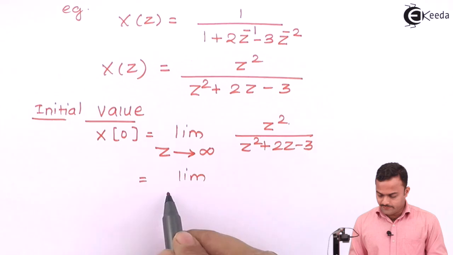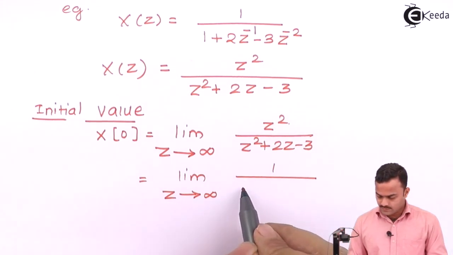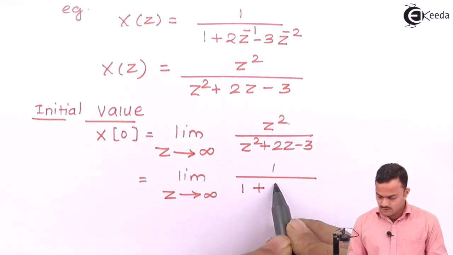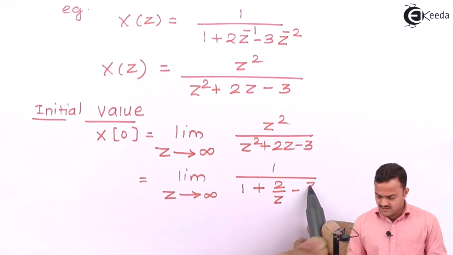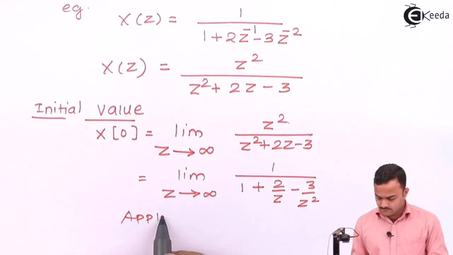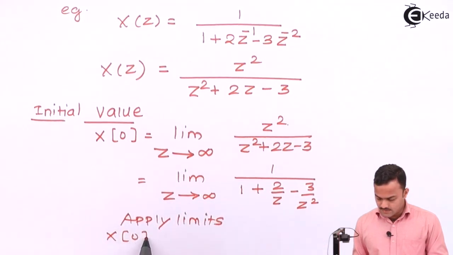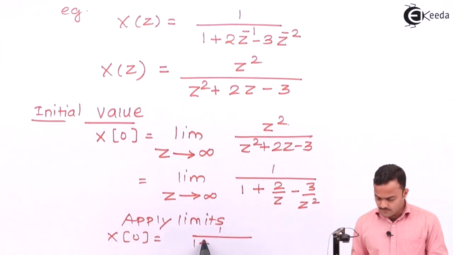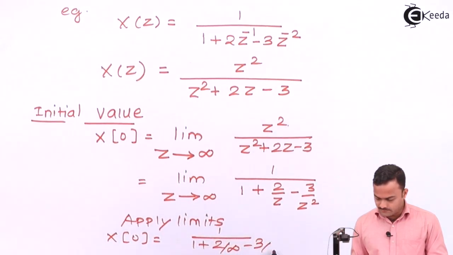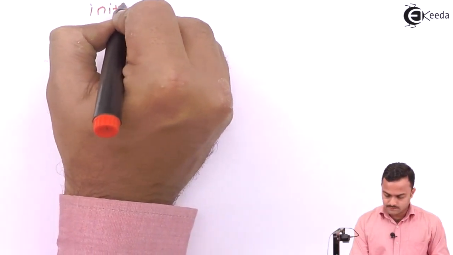We simply divide numerator and denominator by z square to obtain 1 upon 1 plus 2 by z minus 3 by z square, and if I apply the limit, we get x of 0 as 1 upon 1 plus 2 upon infinity minus 3 upon infinity square. So in the end, 1 upon 1 plus 0 minus 0, the answer will be 1. So basically the initial value I get is 1.